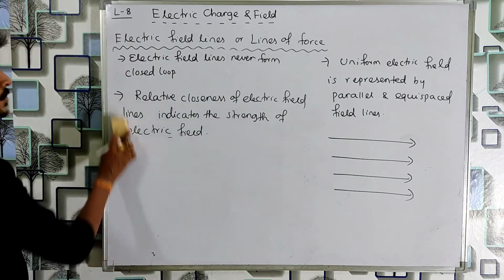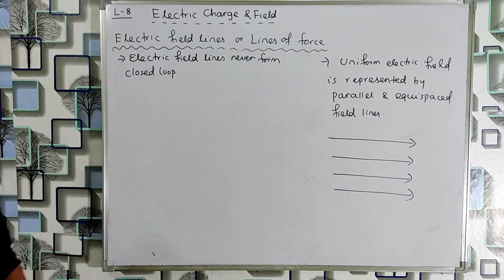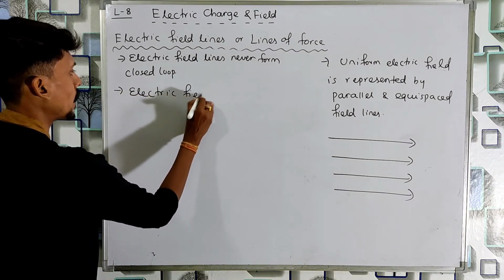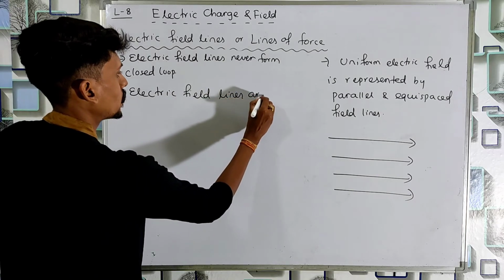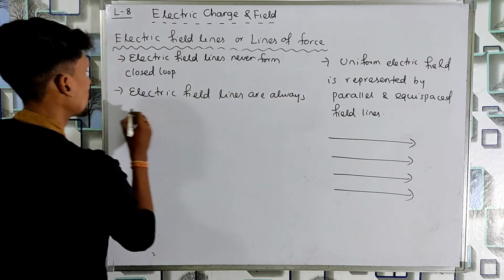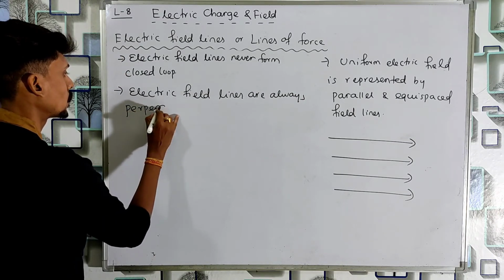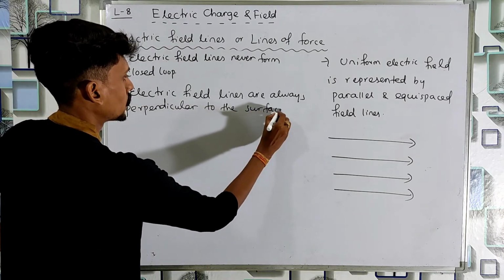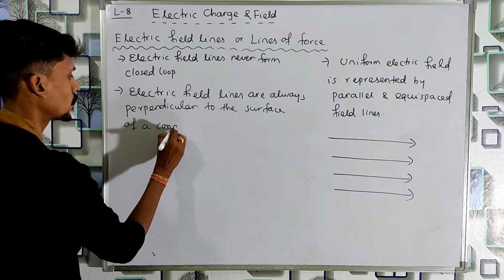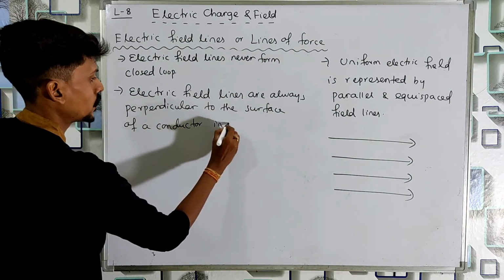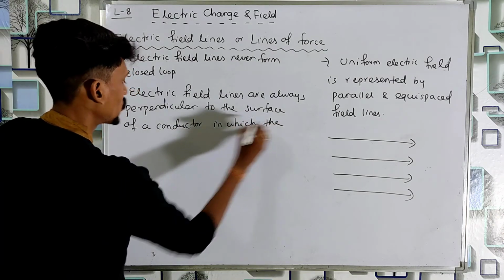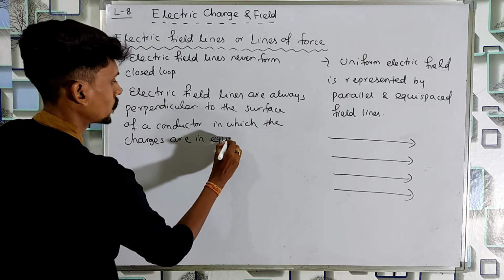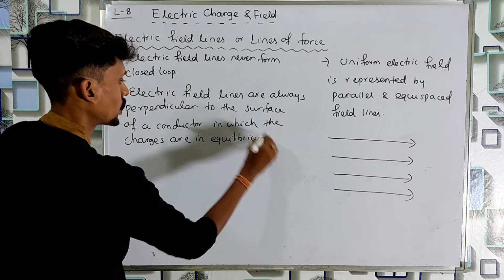Another important point is that electric field lines are always perpendicular to the surface of a conductor in which the charges are in equilibrium, where the charges are in equilibrium.